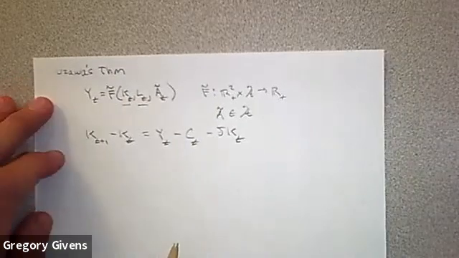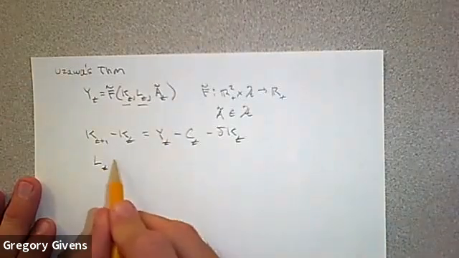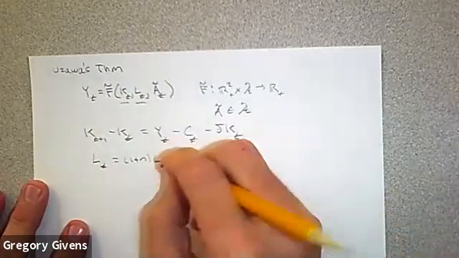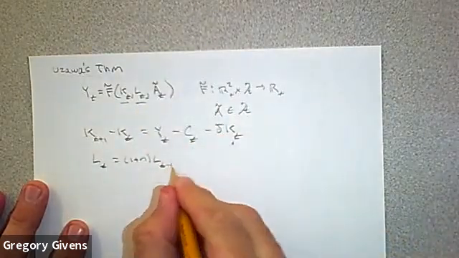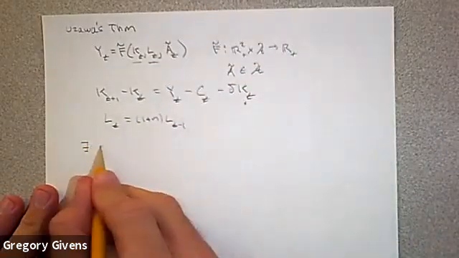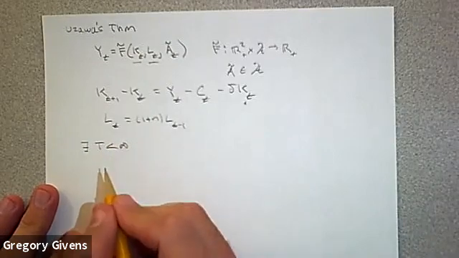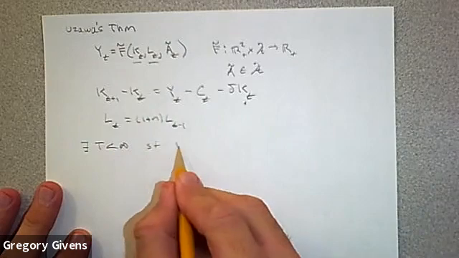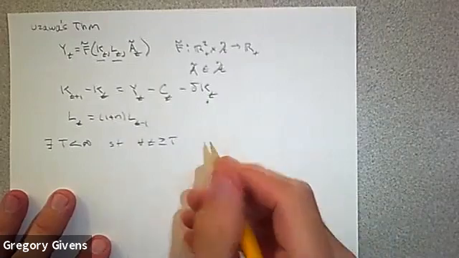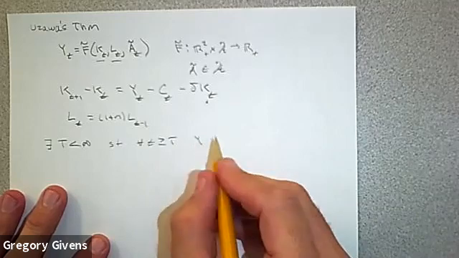All right, we're also going to suppose here that population growth is constant. So L_t is equal to 1 plus n times L_{t-1}. We are also going to assume that there exists some period capital T less than infinity, such that for all little t bigger than or equal to capital T, output, consumption, and capital are all growing at constant rates.